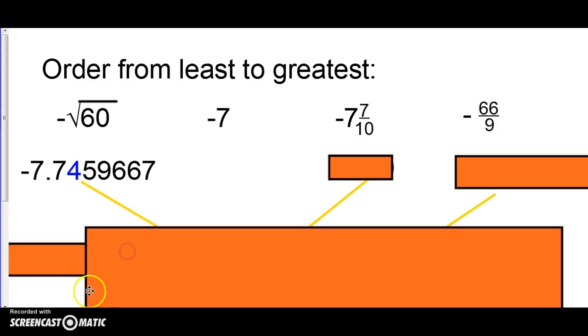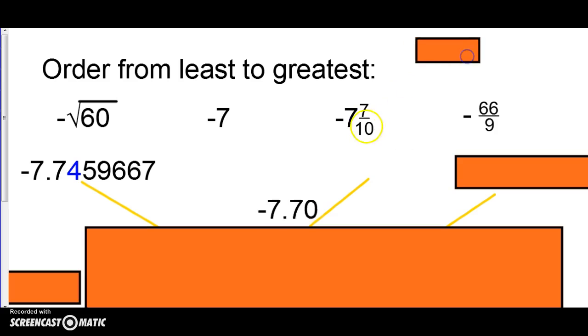All right, so the negative square root of 60 is -7 and a long decimal, but I highlighted the 4 because that's the part we'll actually compare in a minute. -7, we can just keep that.